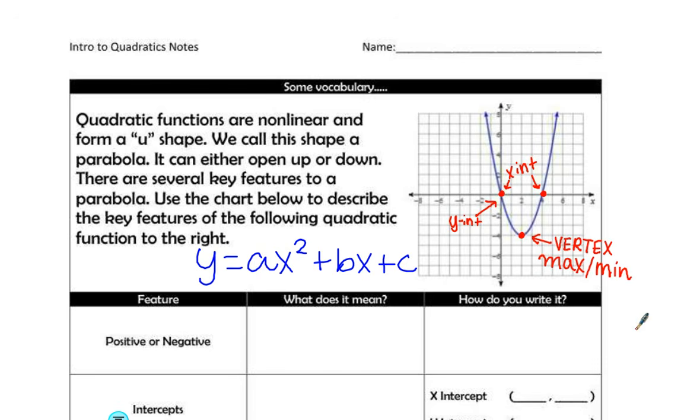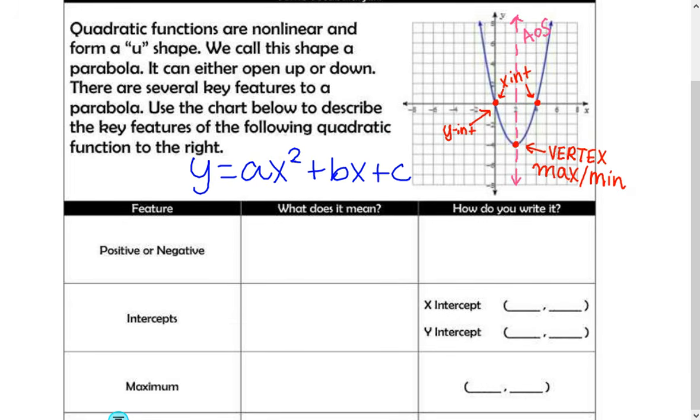And we got one more fun little thing, and that is this thing we call the axis of symmetry. As you can see, it cuts this parabola straight down the middle. It's a symmetrical figure here, so we abbreviate it by calling it the AOS. All right, so let's go ahead and slide down here and talk about some more of these key features.